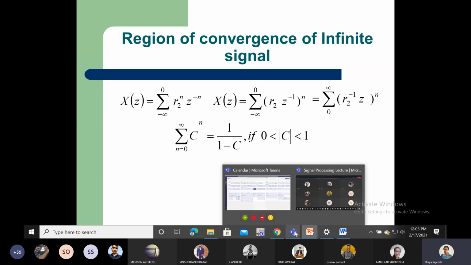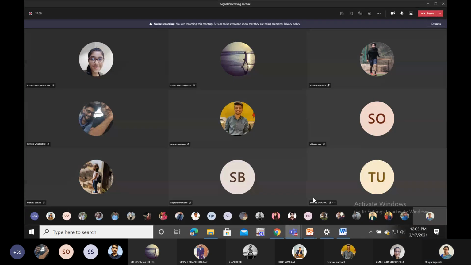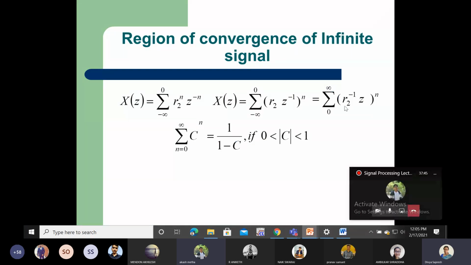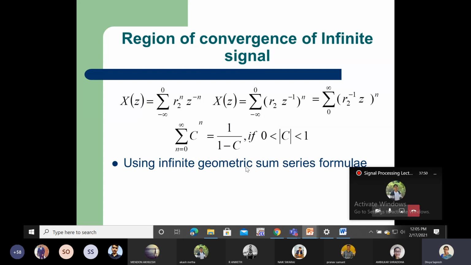What is the term c here? r2 inverse z. Yes, r2 inverse z. So you will get 1 upon 1 minus r2 inverse z.